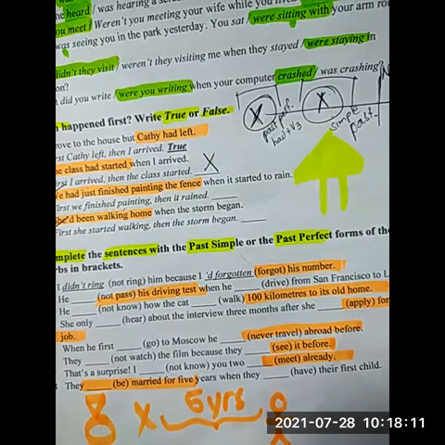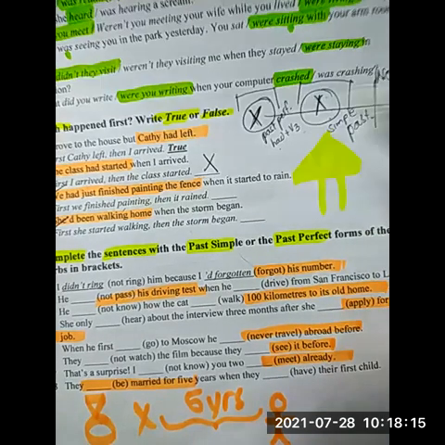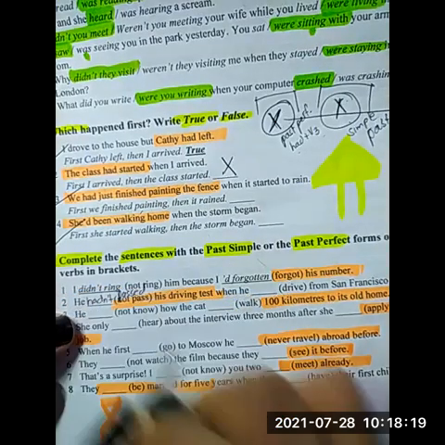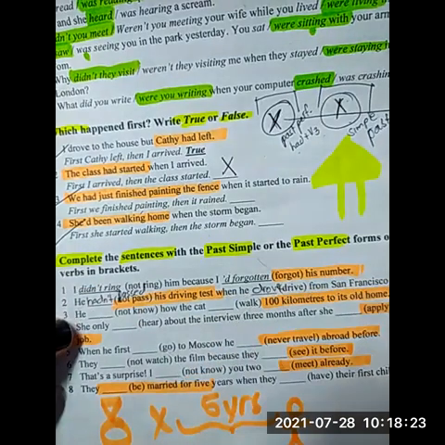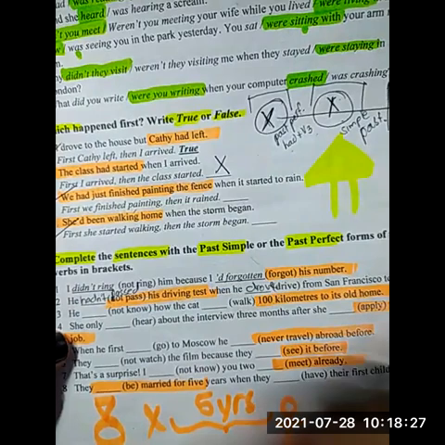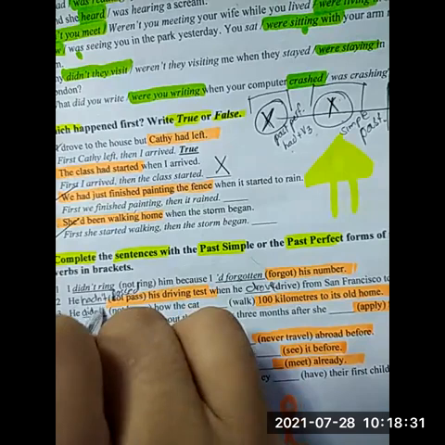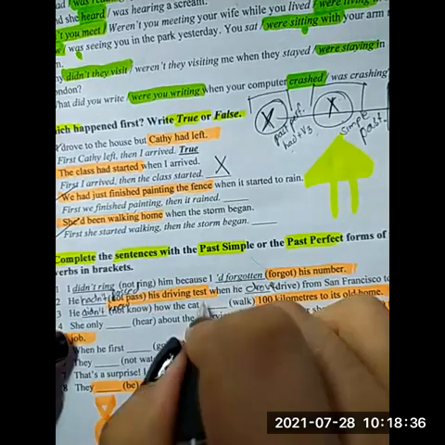So had not, hadn't, past participle, when he drove from San Francisco to LA. Number 3, he didn't know, just simple past tense. He didn't know how the cat had walked.